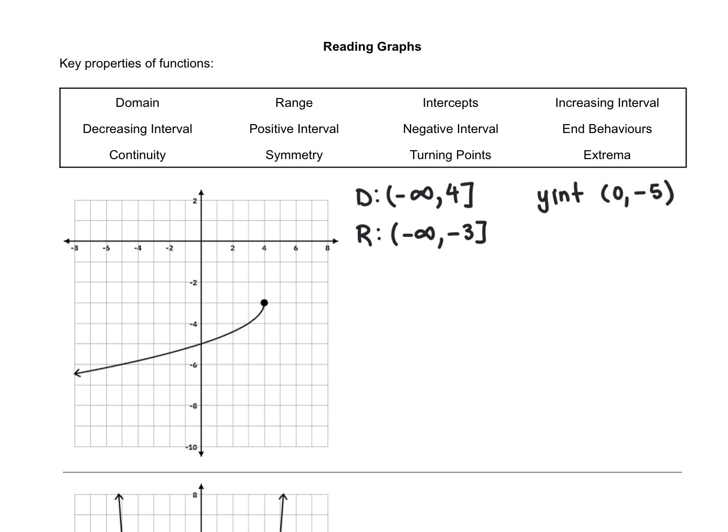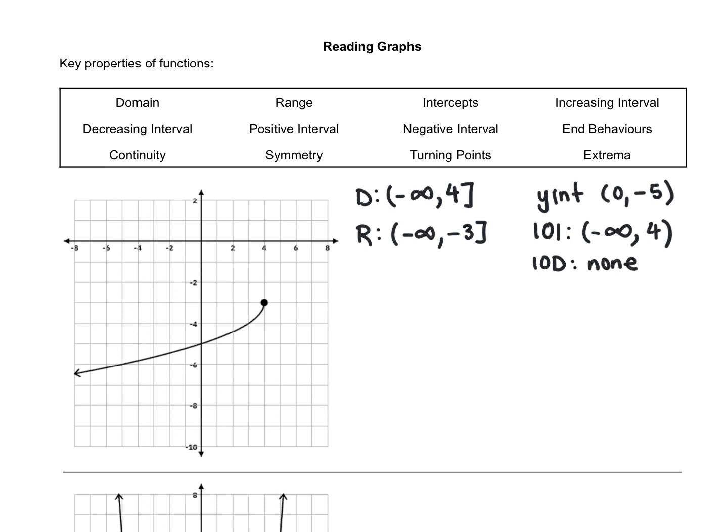There is no decreasing interval here, which means for our interval of increase, we're going to start from negative infinity and go all the way to the end of our function, which is at 4. And I'm not including 4 for this interval because 4 is a point. It is not a point of increase or decrease. It is just the end of the interval. And for the interval of decrease, I will just write none.